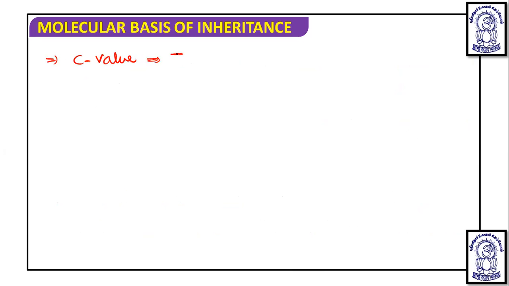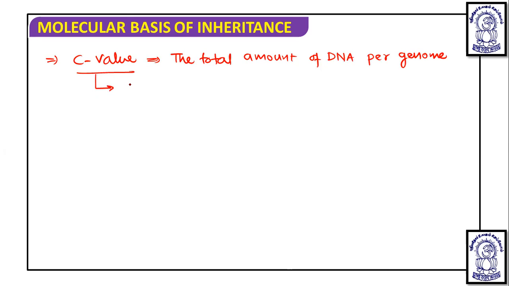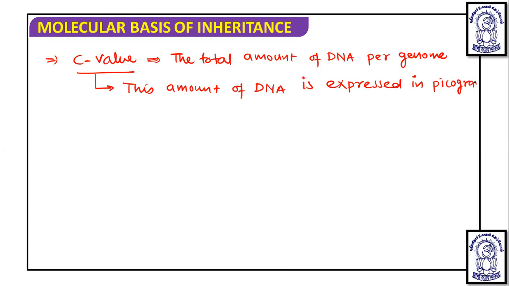C value means the total amount of DNA per genome, and this amount of DNA is expressed in picogram, and 1 picogram is equal to 10 raised to minus 12 gram.